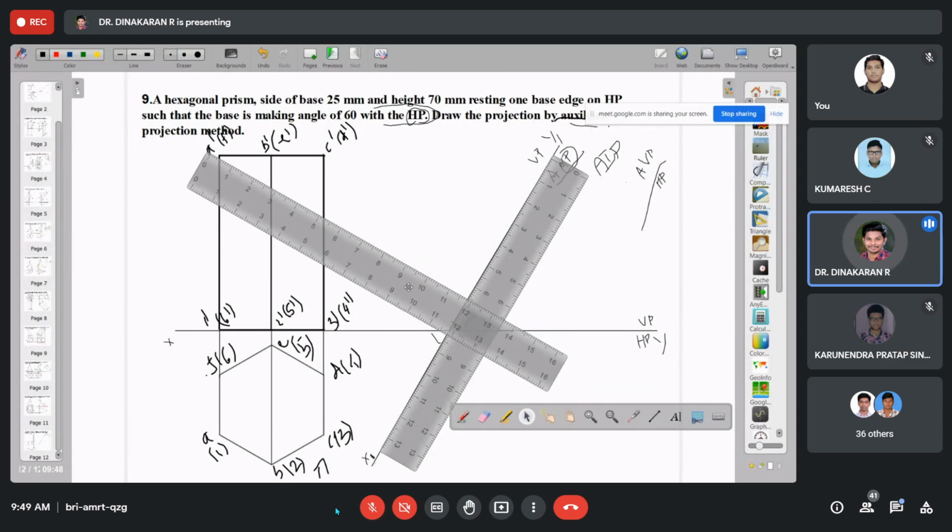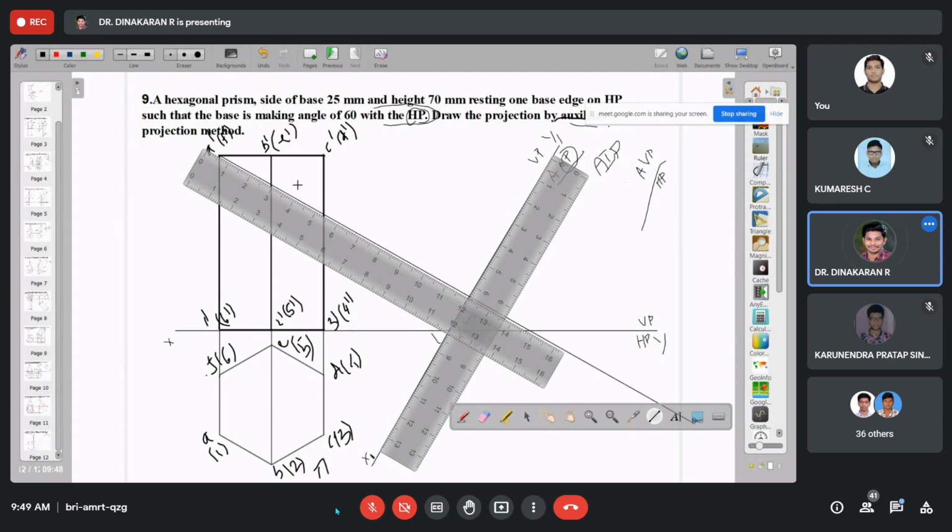From the front view faces, from all the points, draw a perpendicular with respect to X1 Y1. Okay. Use your drafter scale. After drawing the new reference line of VP and AIP, draw a perpendicular line from the A1 point and B1 point.